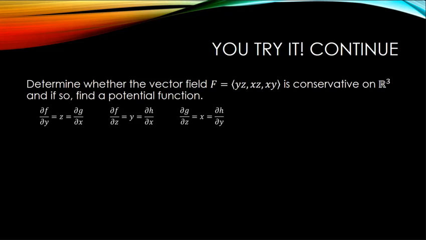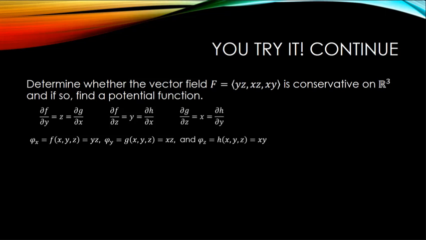This tells me that my vector field is conservative, which means that my partial of phi with respect to x will be equal to f of xyz, which in this case is just yz. My partial of phi with respect to y is equal to g of xyz, which in this vector field is xz. And my partial of phi with respect to z is equal to h of xyz, which in my vector field here is equal to xy.